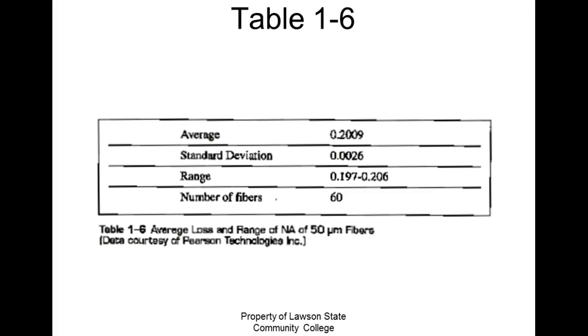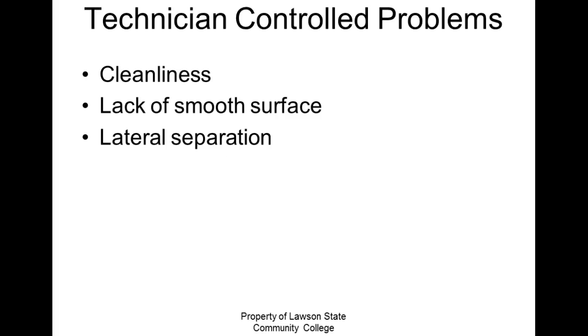Standard deviation, and I have to go back and look at that, guys. So these are what you're in control of, right? Cleanliness, an unsmooth surface, and lateral separation. Y'all understand those? Everybody okay there?